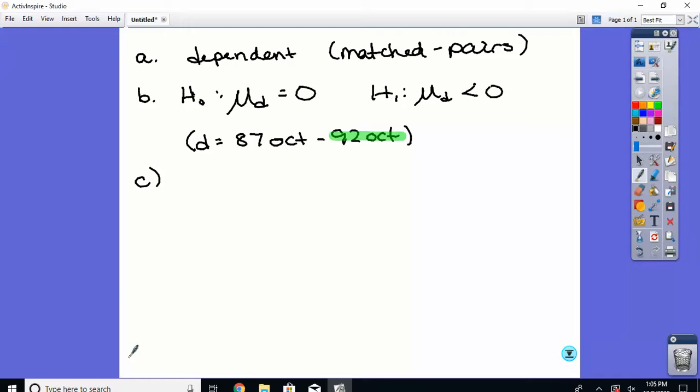So these are pretty much all centered around the calculator, but you do have to be able to write down some things. So go to your calculator, edit. You need to enter your info into your L1 and L2 quickly because time is.